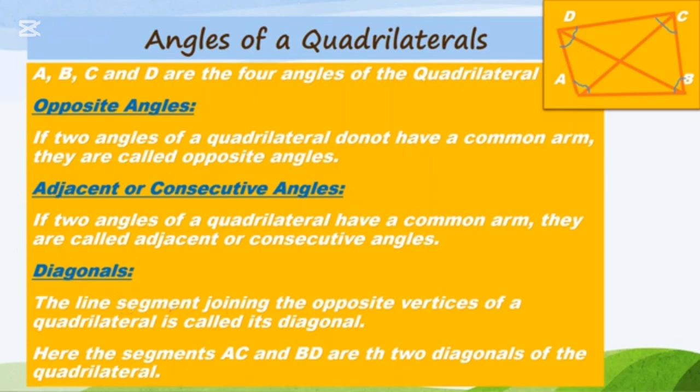Now, what is called the diagonal? The line segment joining the opposite vertices of a quadrilateral is called a diagonal.